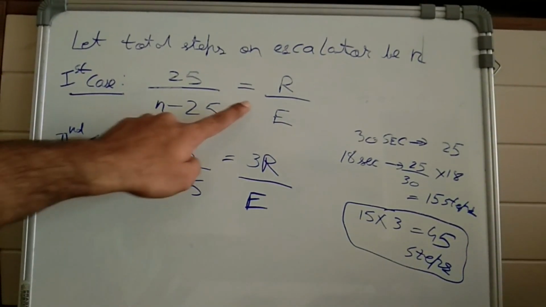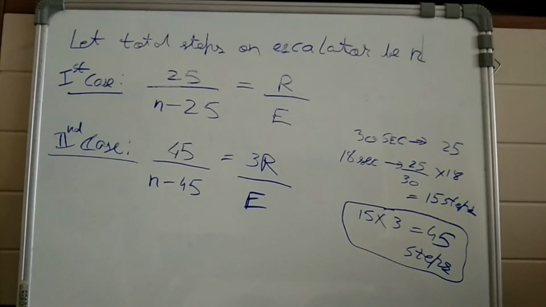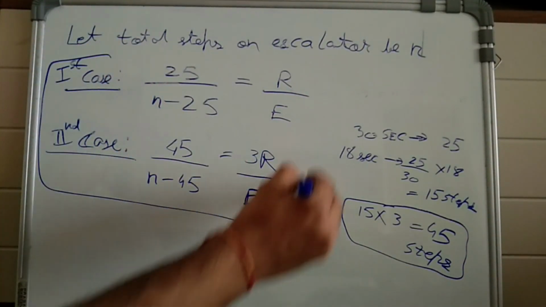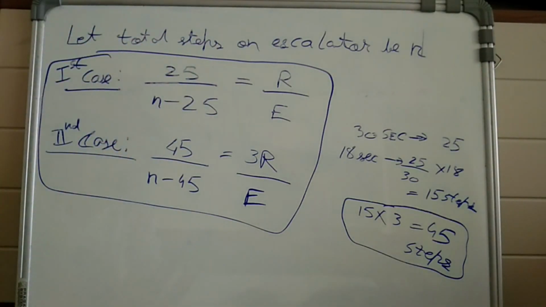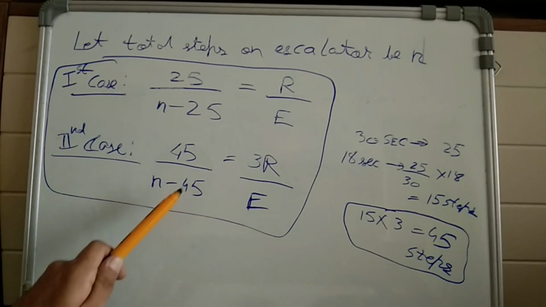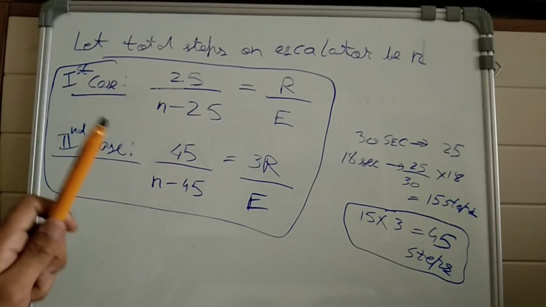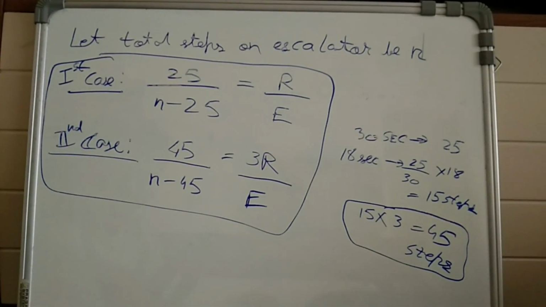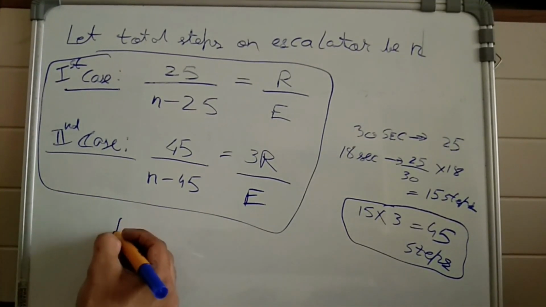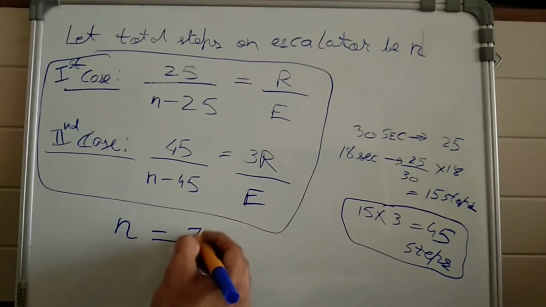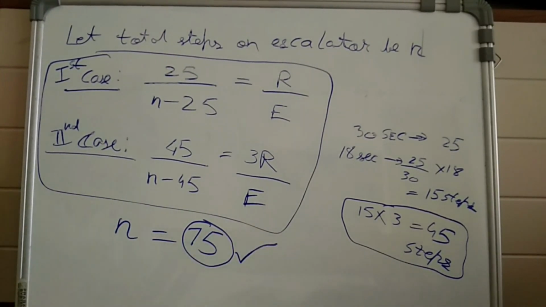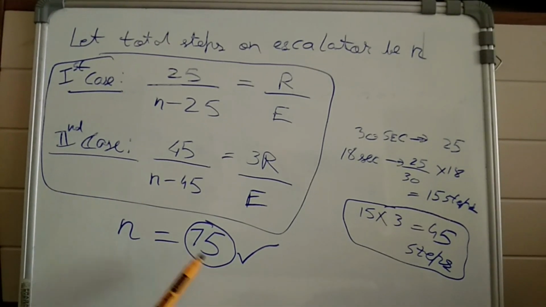If I put the value of r by e over here and solve these equations simultaneously, I can easily get the value of n, and that value comes out to be 75. So the answer to this question is 75 steps.